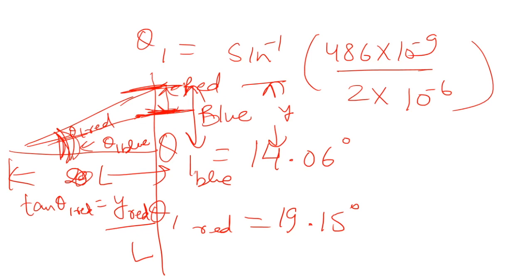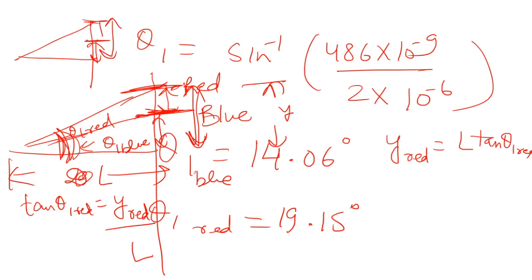In our question, L is given as 1.5. So y of red will be L tan theta 1 red. Similarly, you can calculate this. So this total is y of red and this is y of blue. The difference between them will be y of red minus y of blue.